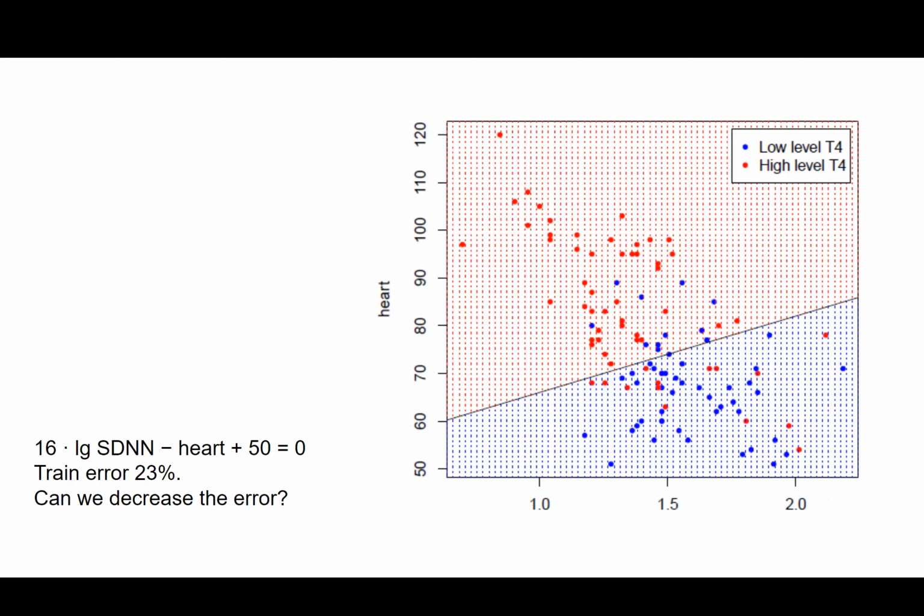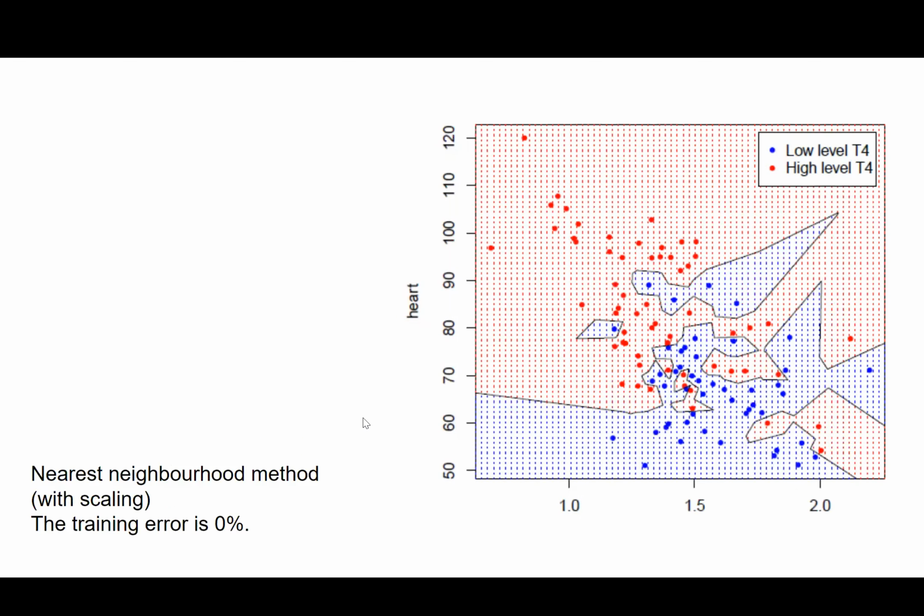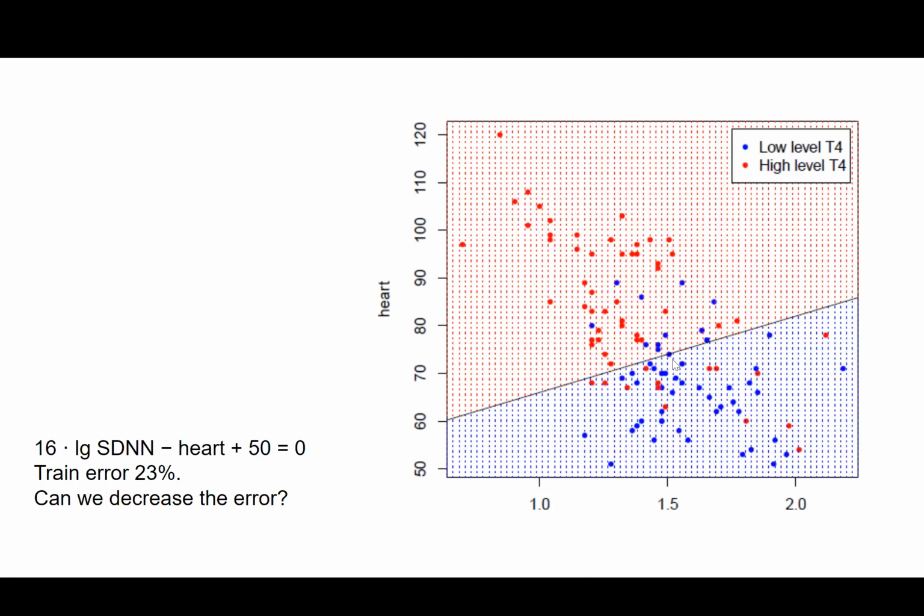Yeah, but this is only the train error. It's easy to imagine that if we try to classify new points here, this classifier will work better.